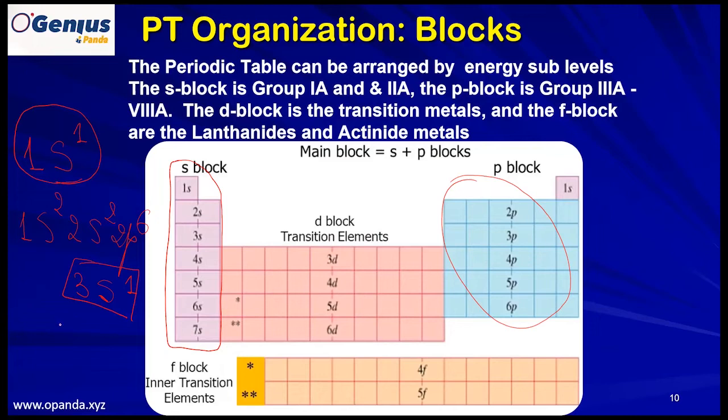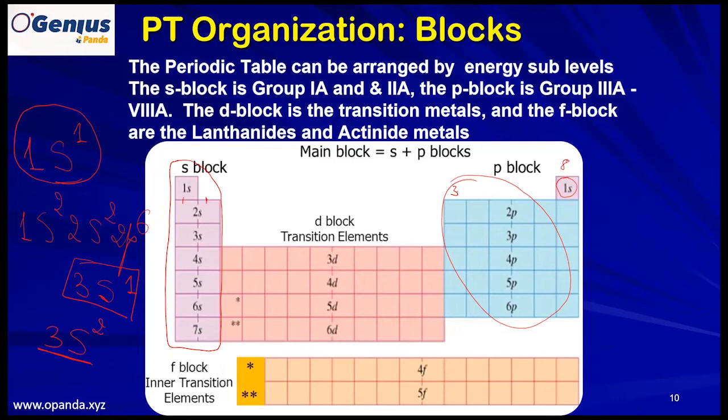For magnesium, you go to 3s and there will be 2. Because you are also filling S, magnesium will also be in S block. So S block contains group 1 and group 2 of the periodic table. P block contains group 3 up to group 8, with the exception of helium, which has a complete outermost shell.